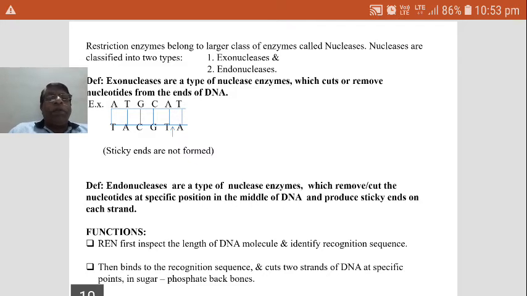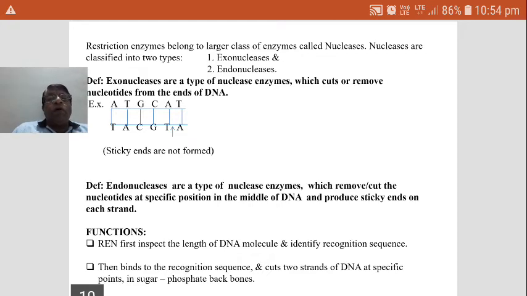Endonucleases are a type of nuclease enzymes which remove or cut the nucleotides at specific positions in the middle of DNA and produce sticky ends on each strand. It means endonucleases cut the DNA molecule in the middle of the DNA.